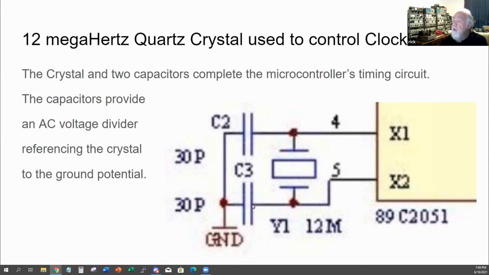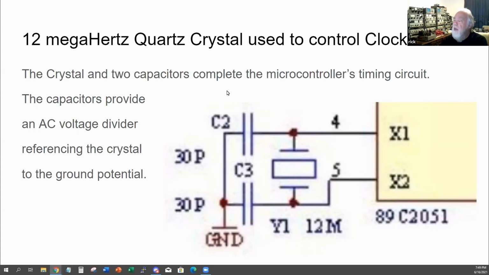And we use 2 capacitors that alternately charge and discharge, and that allows the clock to see 2 different positive and negative going pulses in relation to the ground or minus supply voltage. And these are labeled 30P. And when you look at a capacitor and determine its value, as we said yesterday, the farad is the base unit for capacitance.